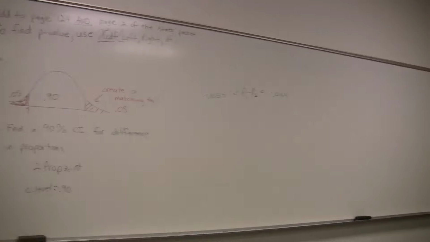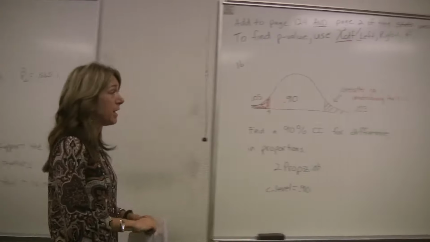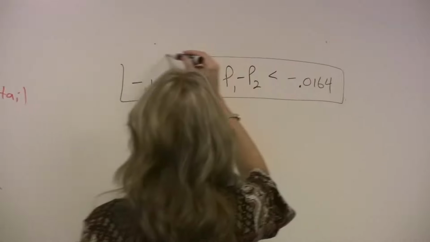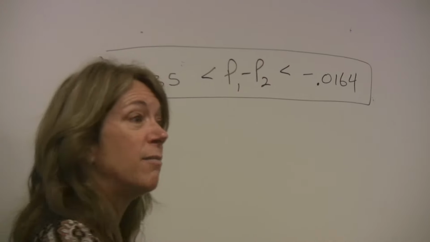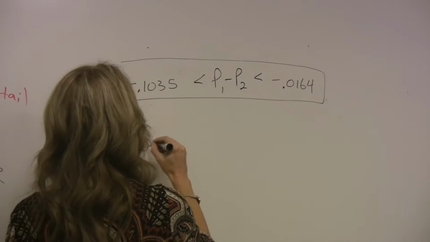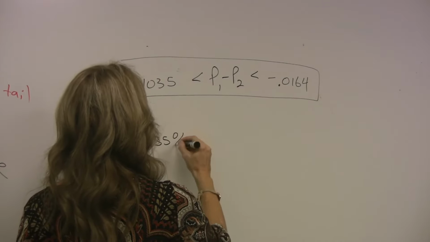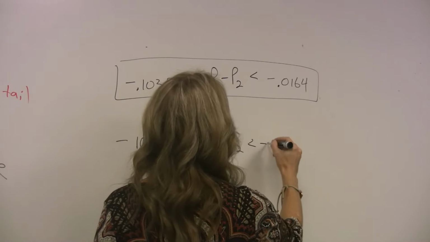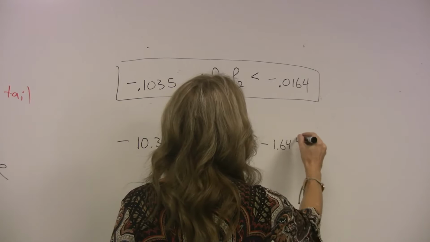I'm going to change those into percents because talking about them makes more sense with percents. Technically, that's my confidence interval. Negative meaning it's lower. So this is negative 10.35% and negative 1.64%.